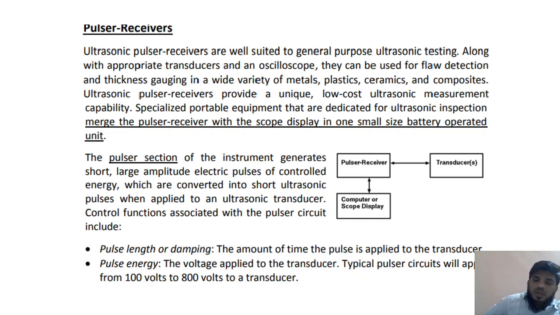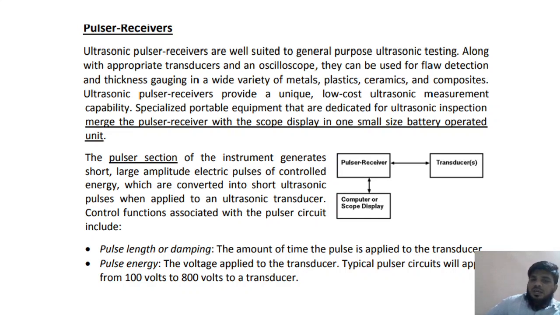Till the previous slides we have seen the signal transducer, that is, how the signals are sent using a transducer. Along with those signals sent by the transducer, we have a receiver which receives the ultrasonic signals you have sent through the transducer. The specialized portable equipment dedicated to ultrasonic inspection is a pulse receiver with a scope display in one small battery operated unit, generally used for pulse length and pulse energy.